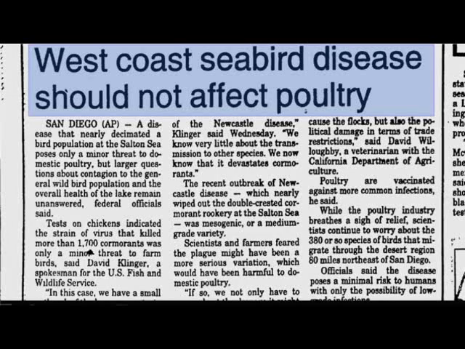In this case, it did not affect the poultry. The strain of Newcastle disease that affected the cormorants was not virulent to the poultry, but it can be the other way around, so we never know what's going to happen, and it's important to be constantly watchful of what's occurring.